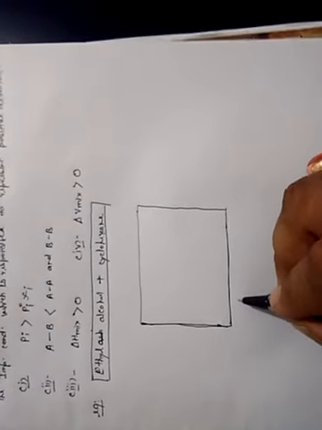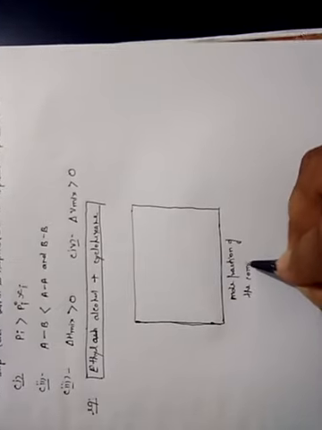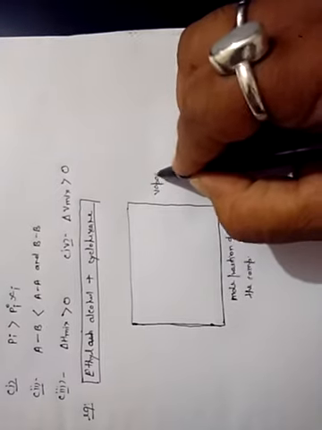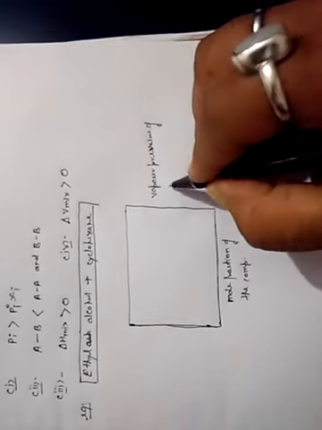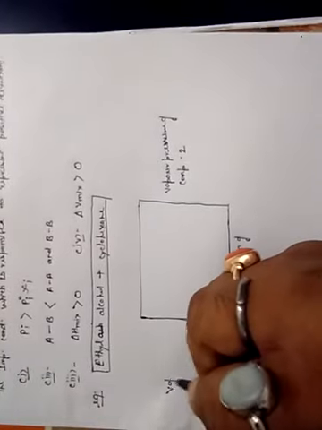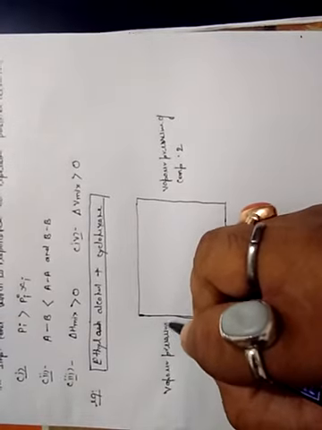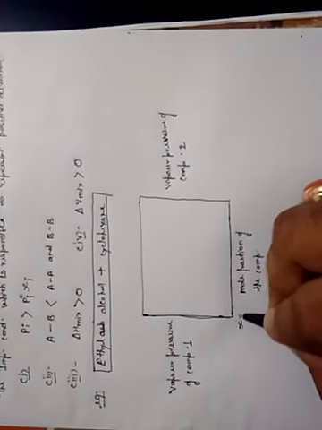This axis represents the mole fraction of the components, this axis represents the vapor pressure of component 2, and this axis represents the vapor pressure of component 1.